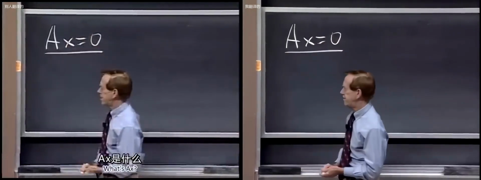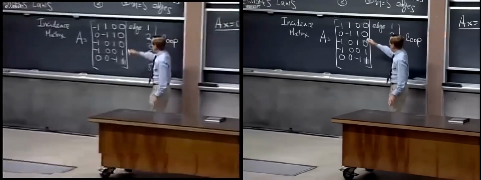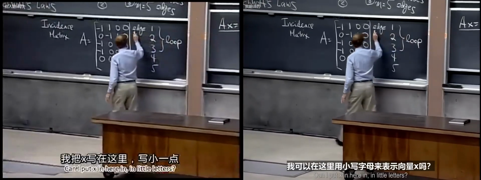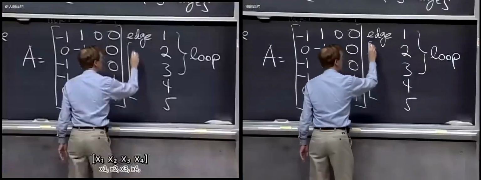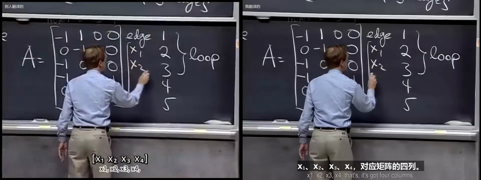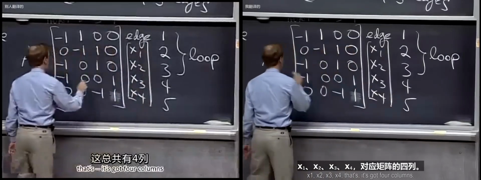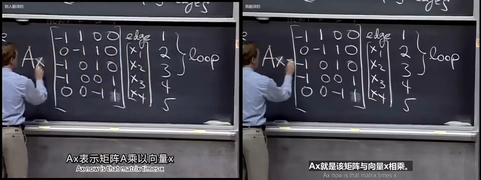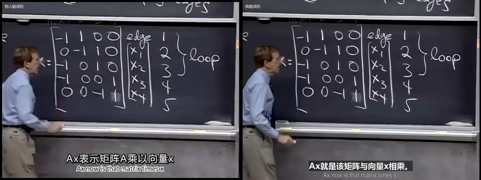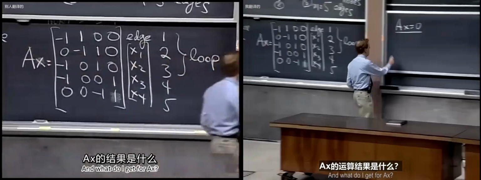Okay, what's AX? Can I put X in here in little letters? X1, X2, X3, X4. It's got 4 columns. AX now is that matrix times X. And what do I get for AX?